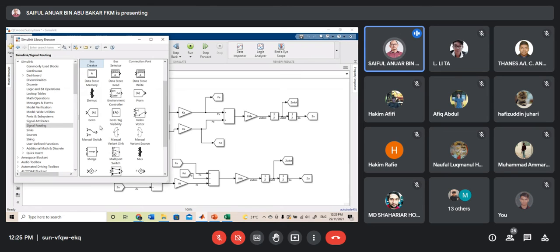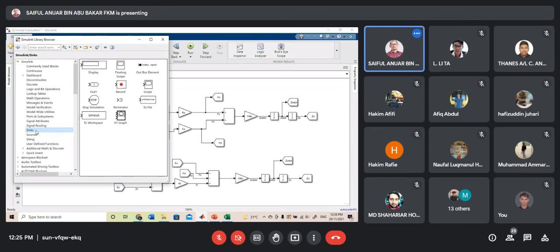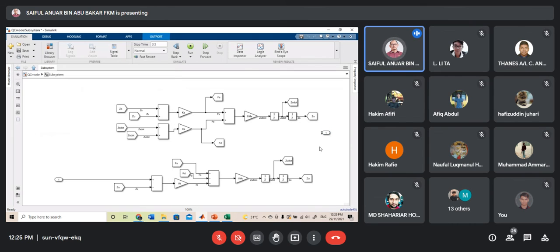What we need is the output sources. We put this output port. This one basically acts like a door for the signal to go out from the folder or masked subsystem. So this one is JS.